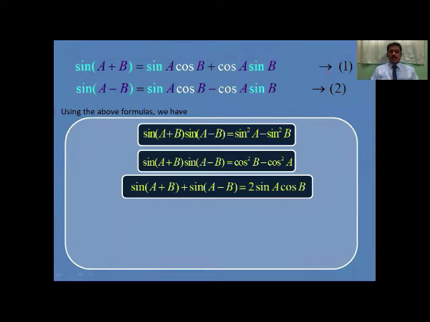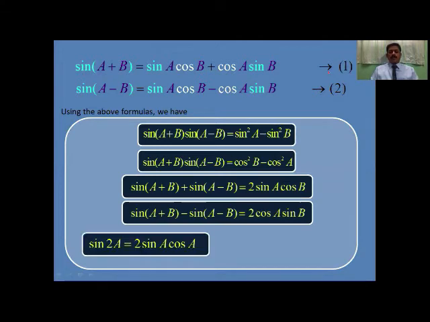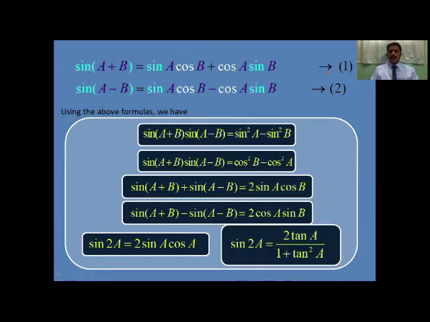Sine of a plus b plus sine of a minus b equal to 2 sine a cos b. Sine of a plus b minus sine of a minus b equal to 2 cos a sine b. Sine 2a equal to 2 sine a cos a. Now sine 2a in the form of tan, we derived as sine 2a equal to 2 tan a divided by 1 plus tan square a. If you observe, all the derivations are done by using only these two formulas.